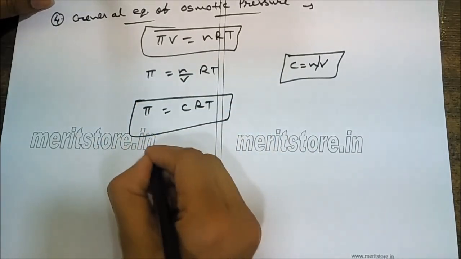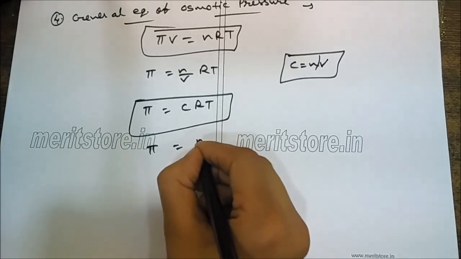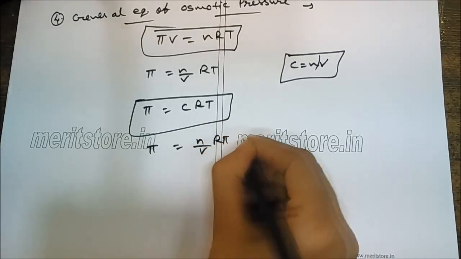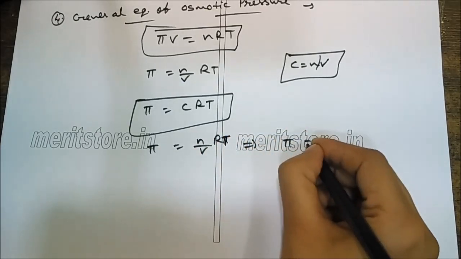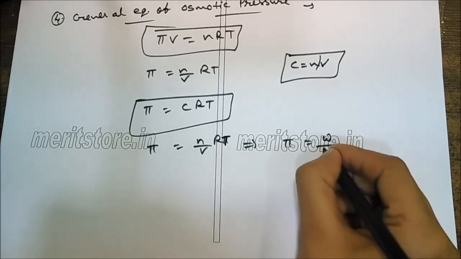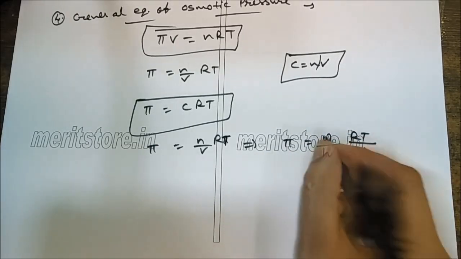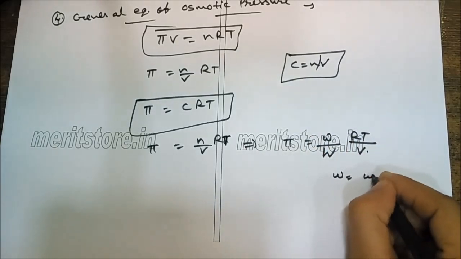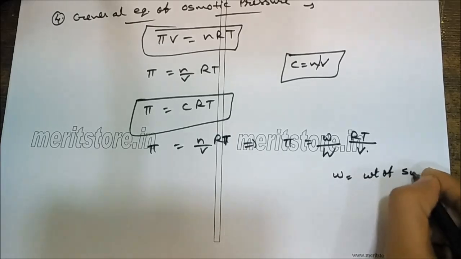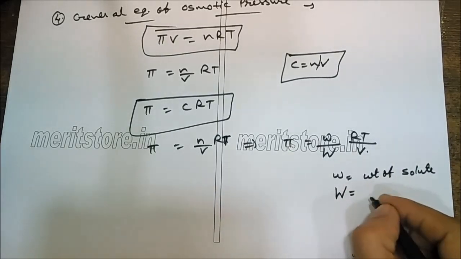Or we can write pi is equal to n by V RT, which will be equivalent to pi is equal to w upon W times RT upon V. Here w is the weight of solute and capital W is the molecular weight of solute.